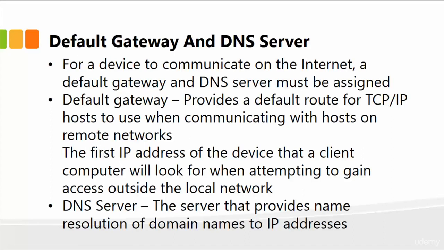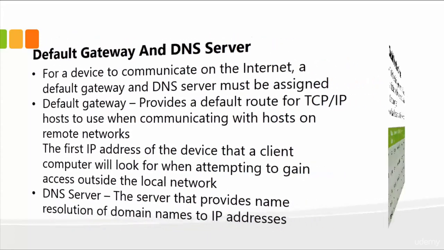So the easiest way is to use English terminology or names. So we remember Microsoft.com, for example, Google.com, and so on. But in fact, behind the scenes, they all have an IP address. So the DNS server's job is to resolve that name. So it masks the IP address, so to speak. So you see Microsoft.com, but behind the scenes, it's actually an IP address which the server has assigned accordingly.